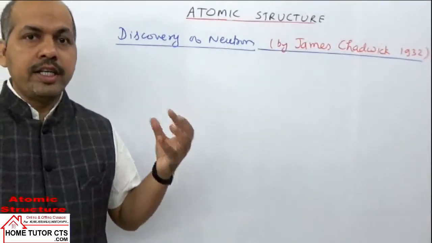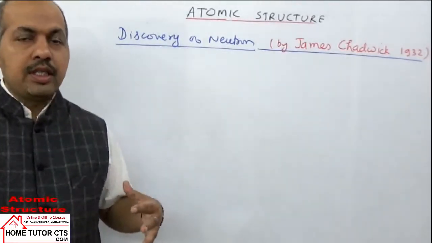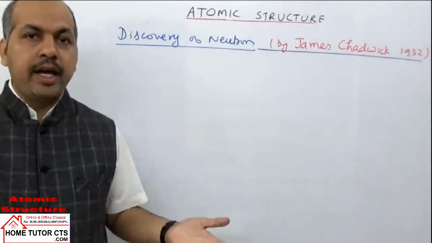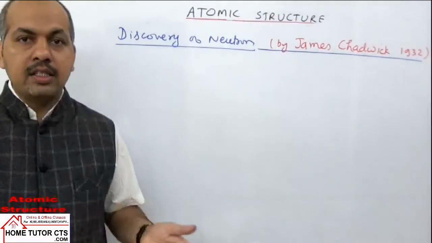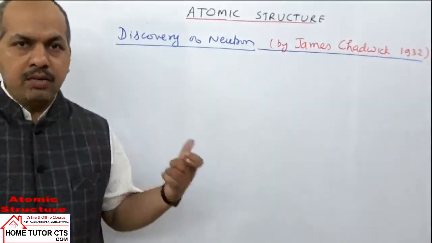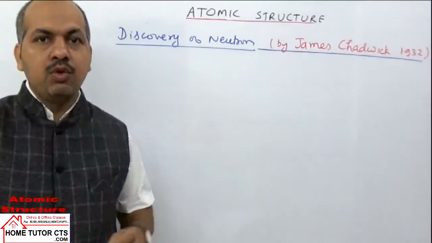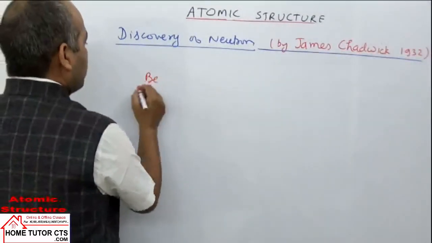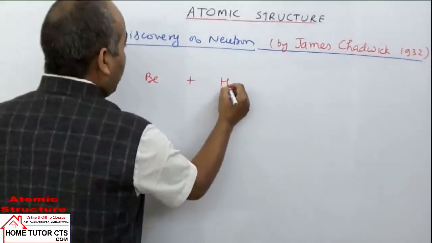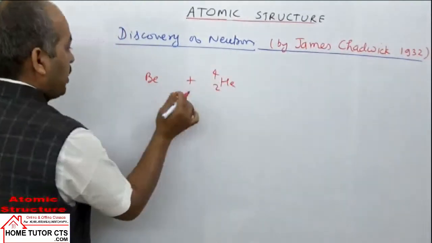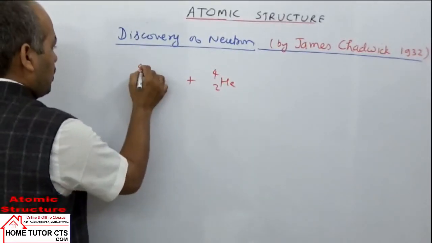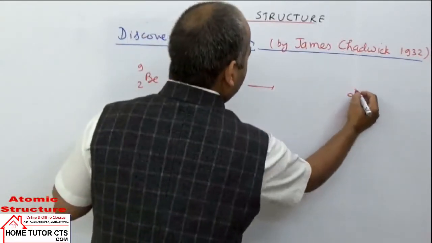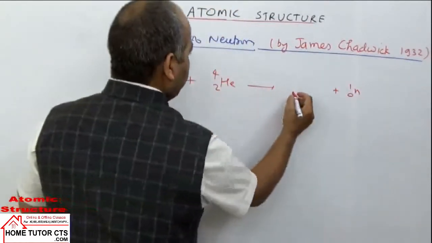So a need was felt that there should be some more particles which are neutral and whose mass is nearly the same as that of protons. Keeping this in view, James Chadwick discovered the neutron by bombarding beryllium with alpha particles. When the bombardment was done, they produced neutrons and gave carbon.